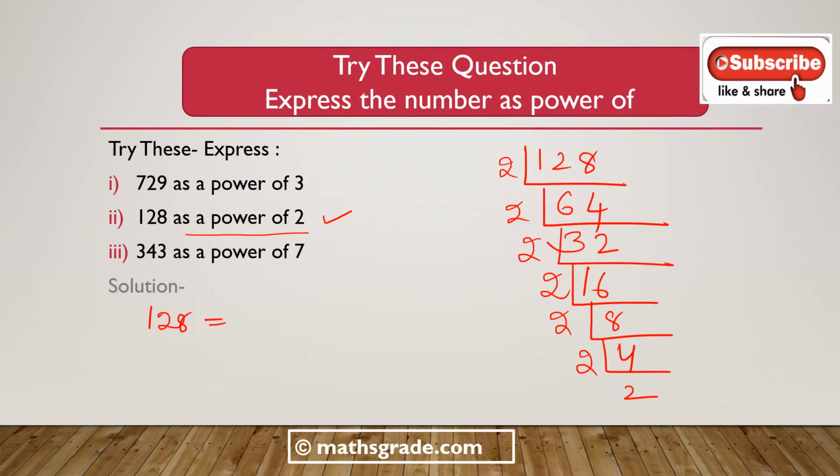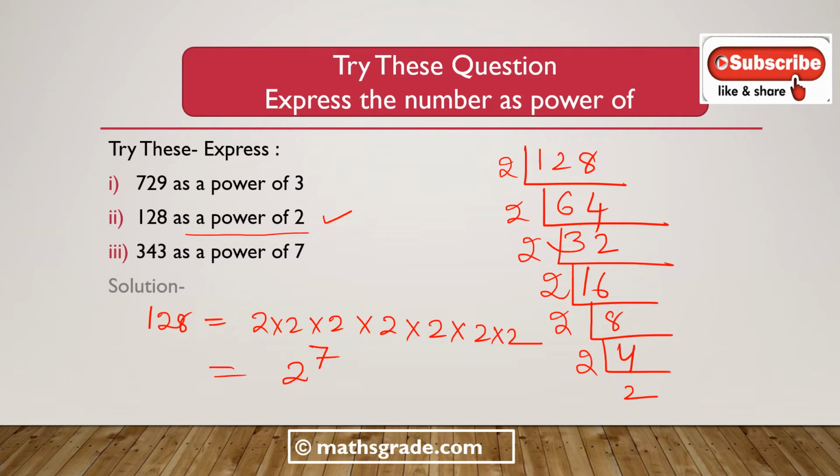So the prime factorization of 128 is 2 multiplied by 2 multiplied by 2 multiplied by 2 multiplied by 2 multiplied by 2 multiplied by 2. Counting 1, 2, 3, 4, 5, 6, 7: 2 multiplied 7 times, so it will be 2 to the power 7. 2 is the base and 7 is the power or exponent.